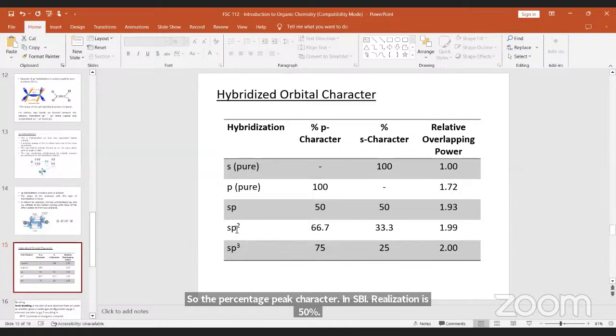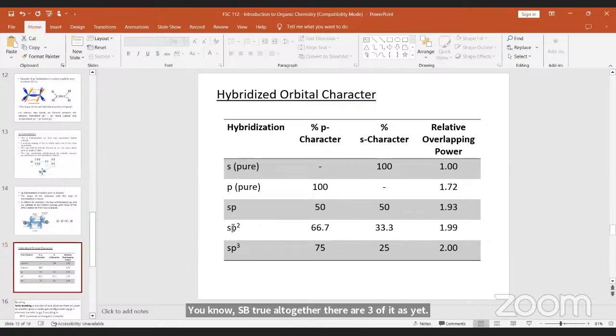But when you come to sp2, altogether, there are 3 orbitals here. One of the 3 is s orbital. 2 of the 3 are p orbital. So percentage p character will be 2/3 times 100, which will give you 66.7%. Percentage s character will be 1/3 times 100. That will give you 33.3%.